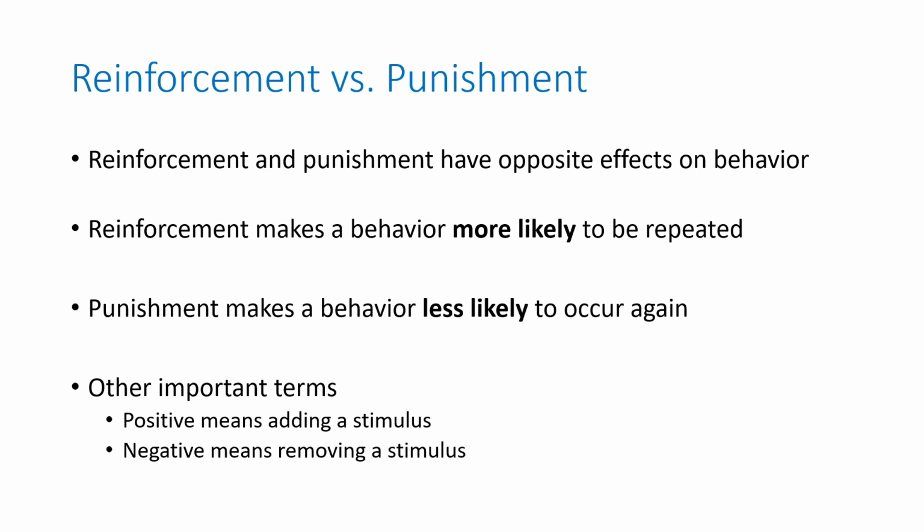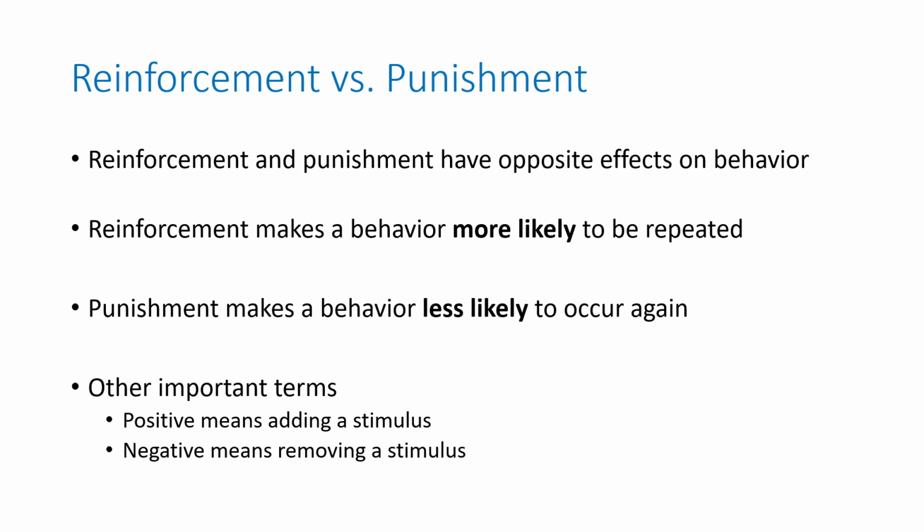So the stimulus is not what determines whether something is a reinforcement or a punishment. Rather, it's the resulting behavior. Does it make the behavior more likely or less likely to occur in the future?